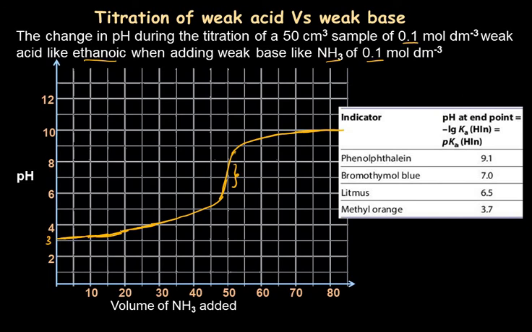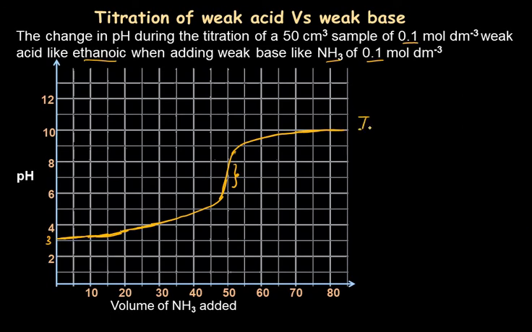Indicators are not used for such pH curves. Generally it's only the pH probe which is used to find the equivalence point. So for such titrations of weak acid and weak base there are no suitable indicators.